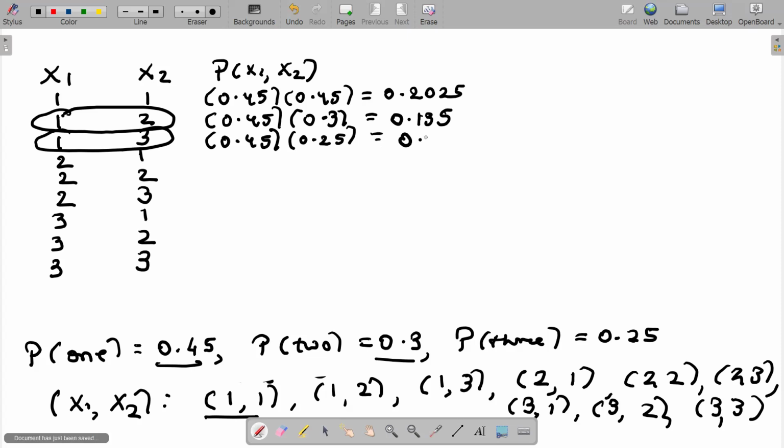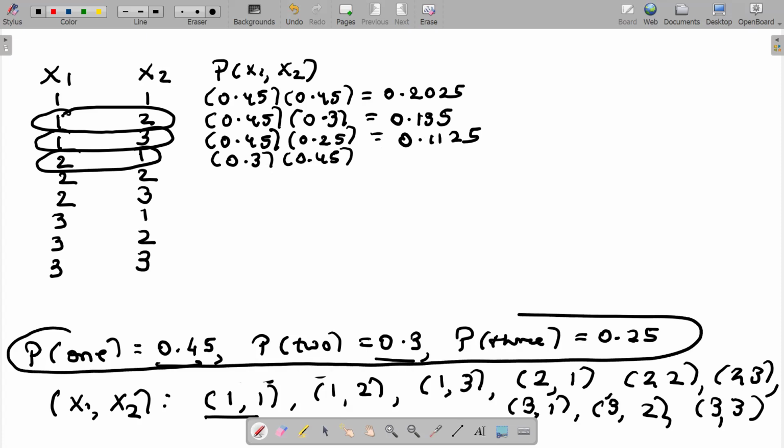So this is 0.1125. 2, 1 gives me 0.3 times 0.45. I'm just following these probabilities, right? These are the probabilities we need to follow.